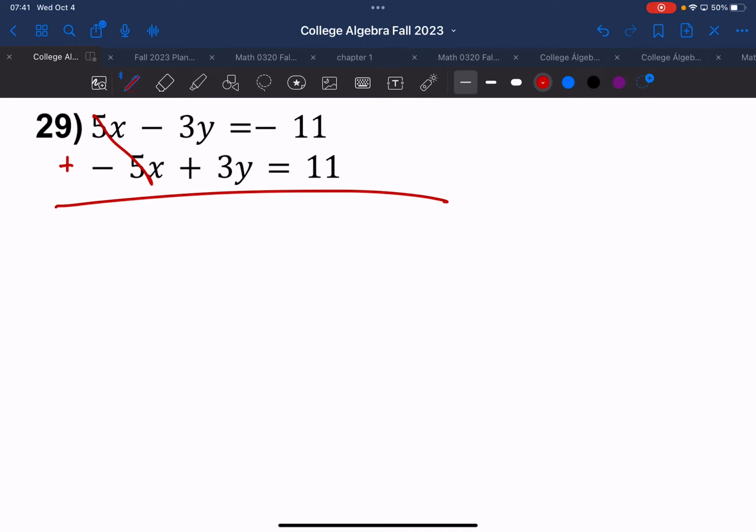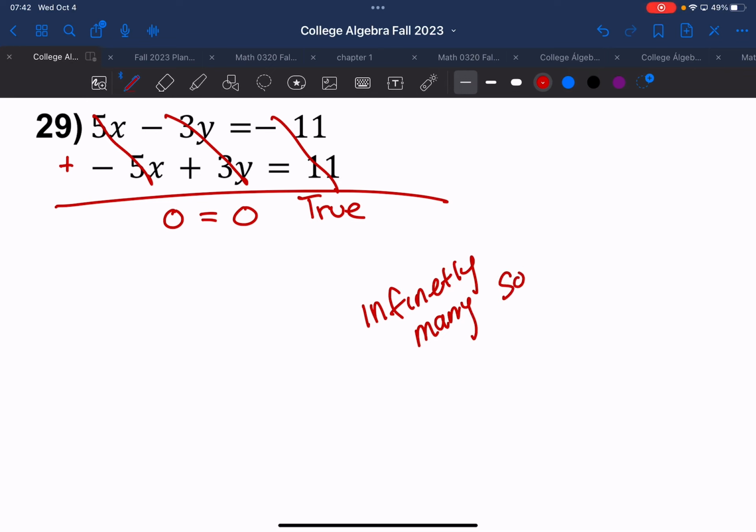Negative 3y and positive 3y cancel and become 0. So we have 0 on this side. And then negative 11 plus negative 11 gives us 0. So we get 0 equals 0, which is true. So this is what answer? Infinitely many solutions.